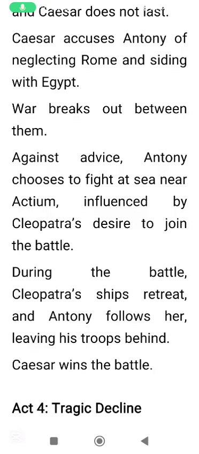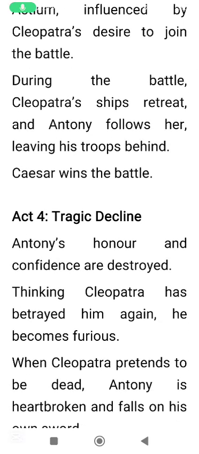On the part of Mark Antony. Leaving his war, leaving his soldiers behind to complete a fight, only for him to follow a lover. So the battle is now being won by who now? By Caesar.